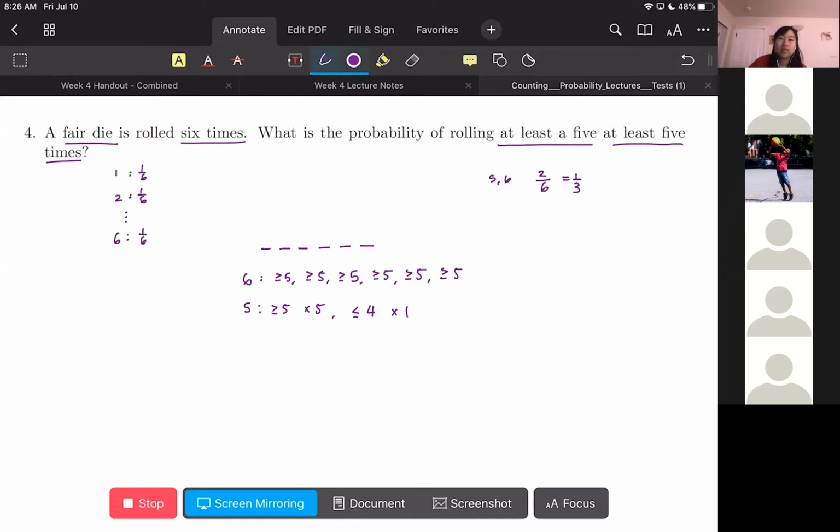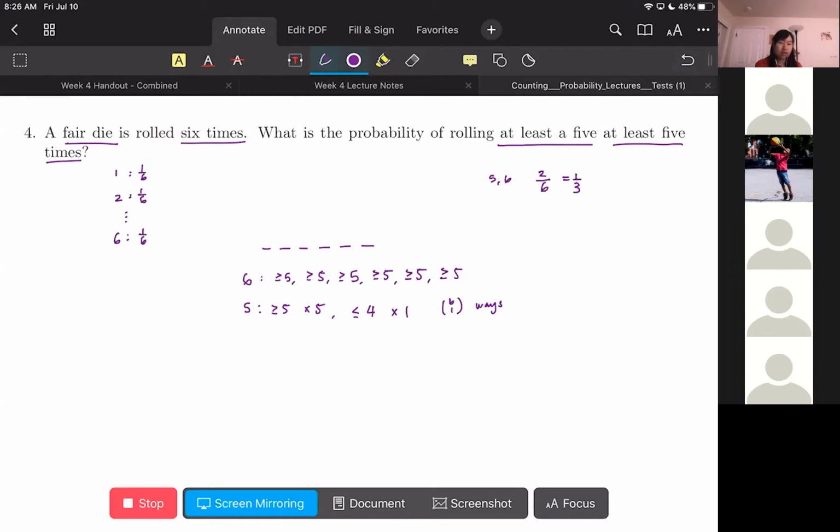And if we had this, there's actually 6 ways, or 6 choose 1, that this could happen. So basically it could be the first roll where you roll a 4 or less, and then the other 5 you roll 5 or more. Or it could be the first roll you roll 5 or more, and then the second roll you roll less than or equal to 4, and then the rest you roll 5 or more, and so on.